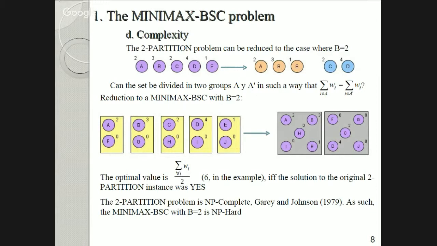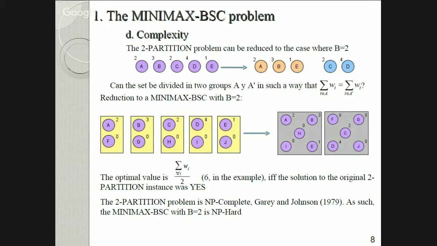So if I take all these items and I distribute them into sets, and I fill the sets with virtual items that have a weight of 0, this is exactly my problem, the test splitting problem. And it can only have a solution with an optimal value of the sum of the weights divided by 2 if the solution to the two-partition instance was yes.